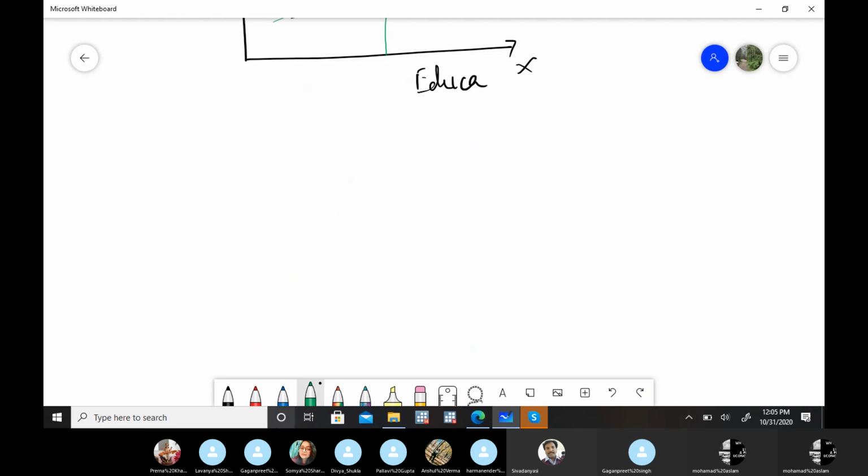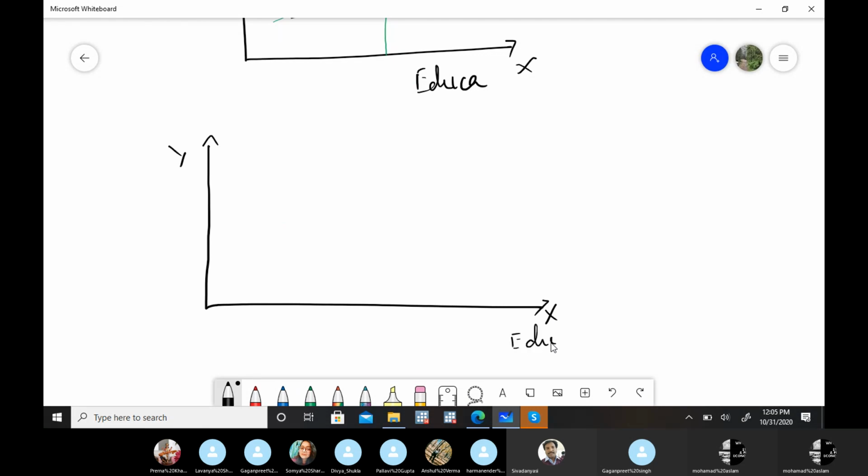Let's suppose we again have this raw data of y and x. Again, I'm taking the number of years of education and wages. Suppose we have some regression line here, with some positive relation.